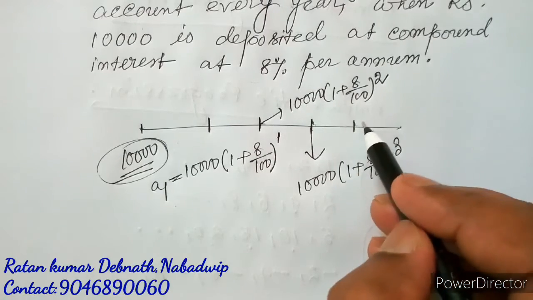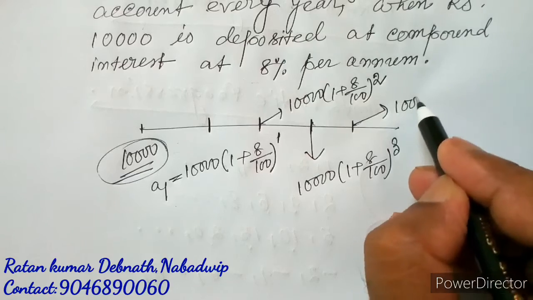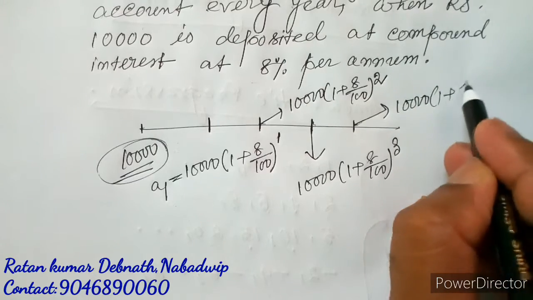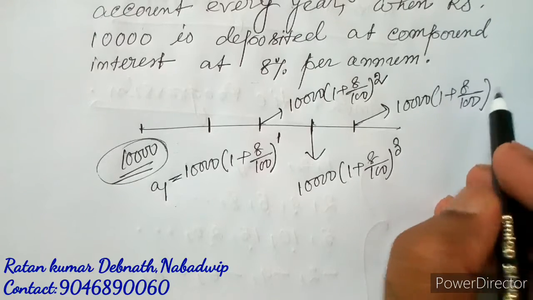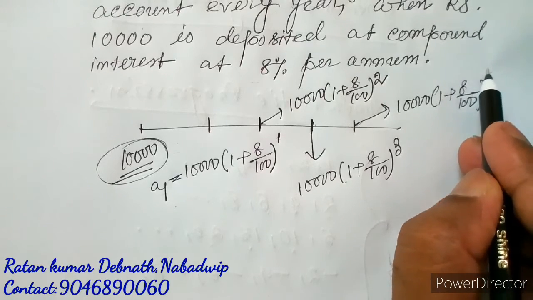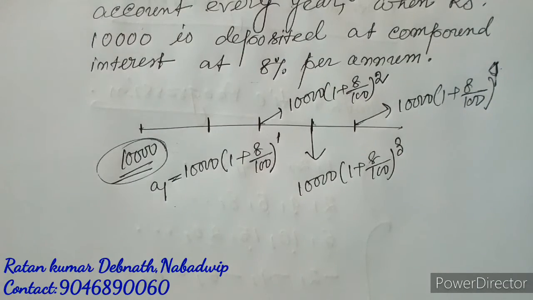At the end of 4th year, it will be 10,000 into 1 plus r by 100 to the power 4, and so on.